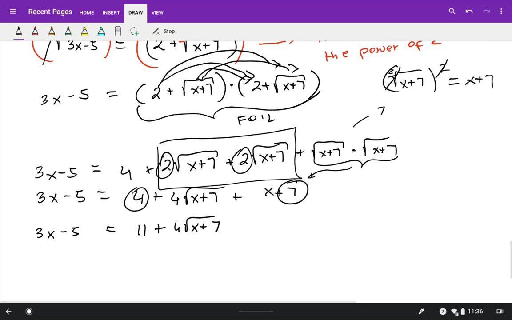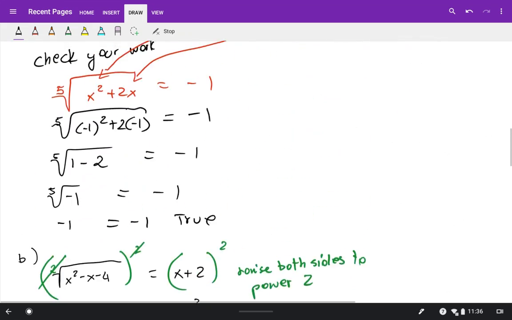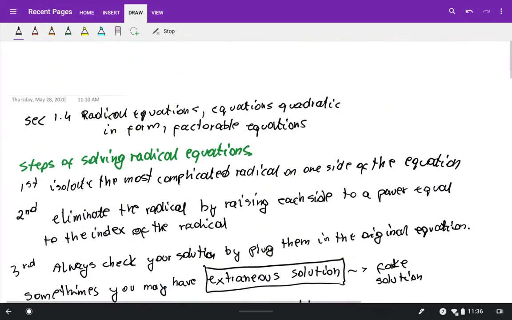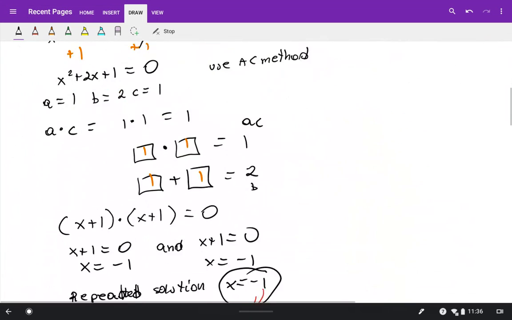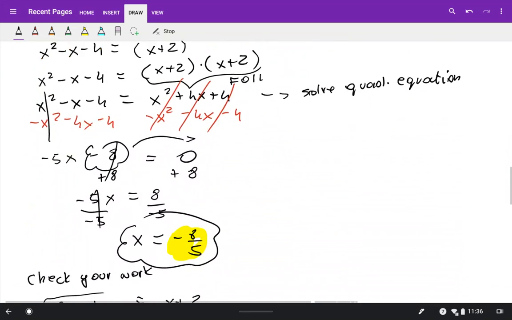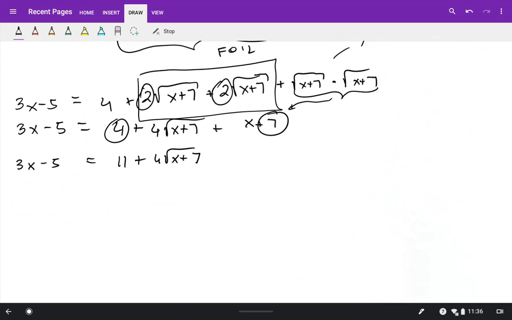So we're going to follow the steps of solving equations with radicals. So I'm going back here to step number 1. I'm going to isolate the most complicated radical. So right here, this is our most complicated radical.